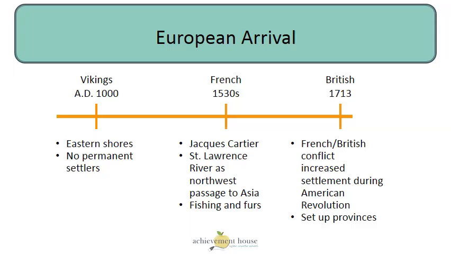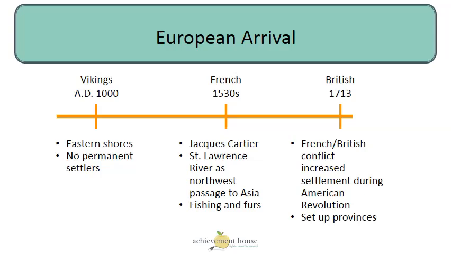Let's take a look at a timeline of the European arrival on Canada's shores. This will help you understand why there is still a European influence on Canada today, with the constitutional monarchy and the French language in Quebec. After sailing west from Europe, Vikings landed on the east shores of Canada. They did not set up permanent settlements, but they were the first Europeans to arrive in Canada.